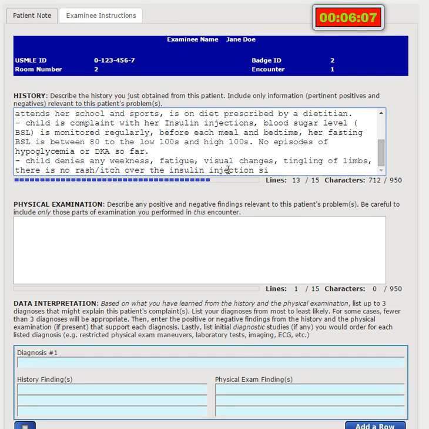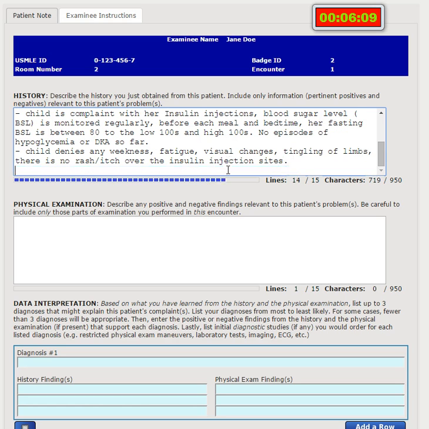Injection sites. It's a vegetative. No drug allergies. Meds: insulin.